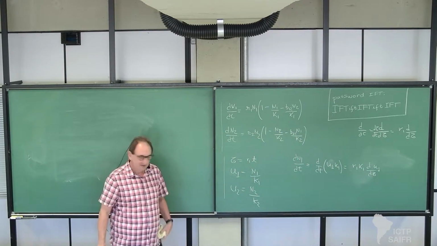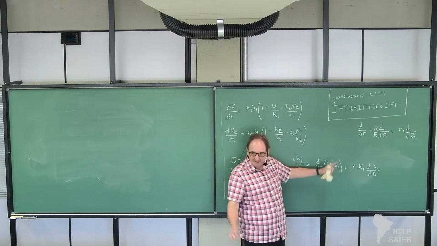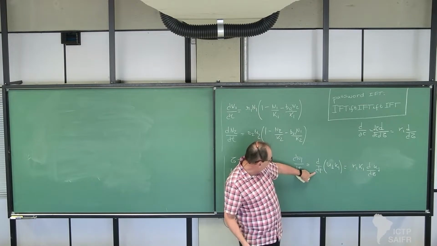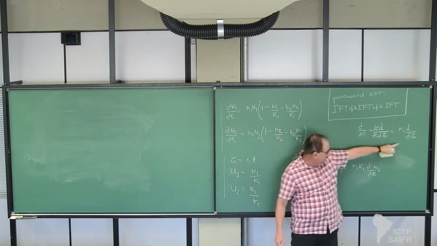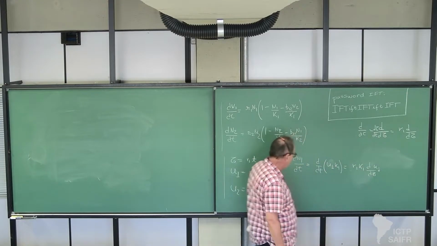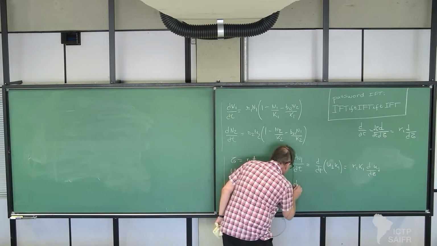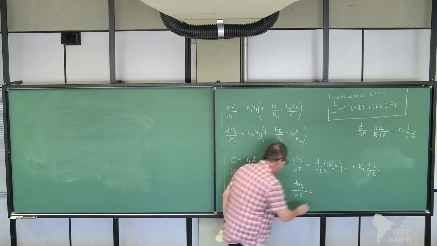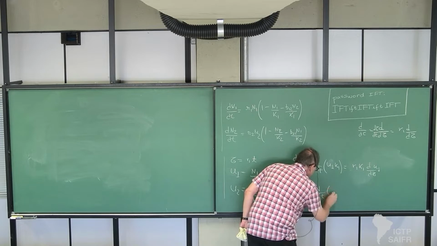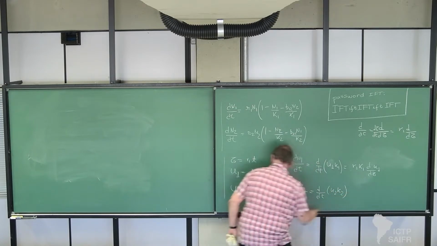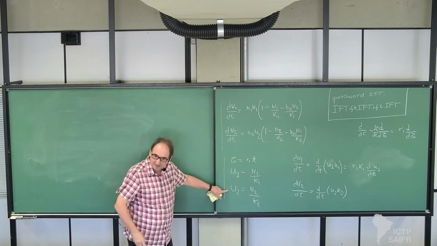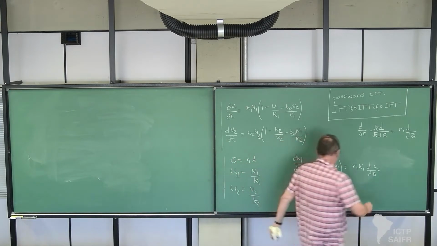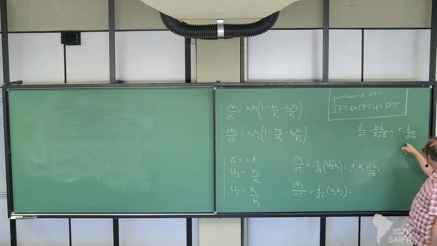Good. K1 is constant, so I can take it out of the time derivative. And then the time derivative to the new time derivative gives you r1. dn2/dt, the same reasoning: d/dt of u2 times k2, because n2 is just u2 times k2. And the time derivative is the same.